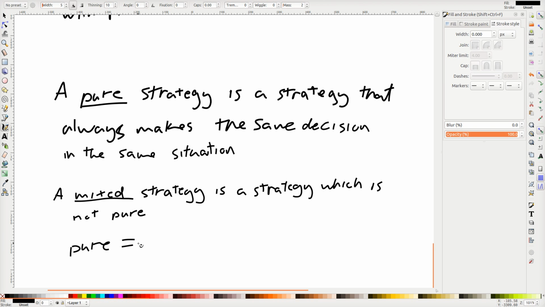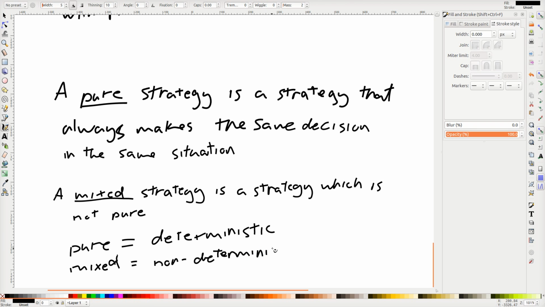pure is deterministic, and mixed is non-deterministic.